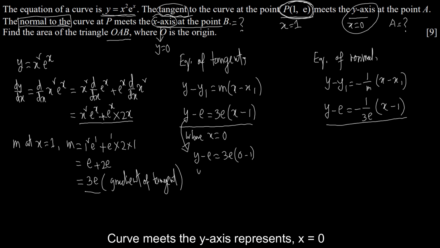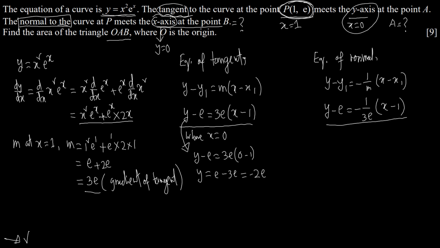Finally, we get y equals e minus 3e, which gives us minus 2e. So the coordinate of A is 0 comma minus 2e, because it meets the y-axis.